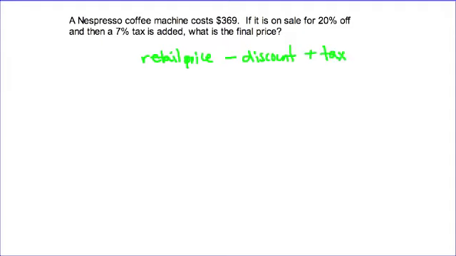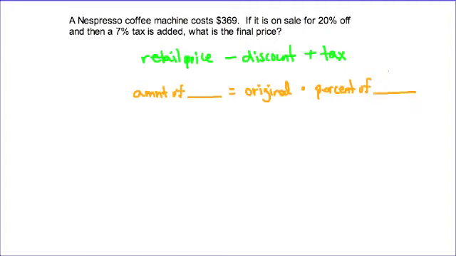Once again, you could do this using a proportion or an equation, but I'm going to use an equation. The first thing I'm going to do is revisit that setup that we had in class, where the amount of something is equal to the original times the percent of something.